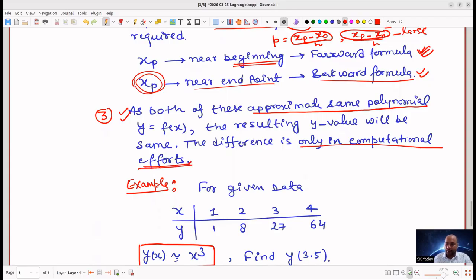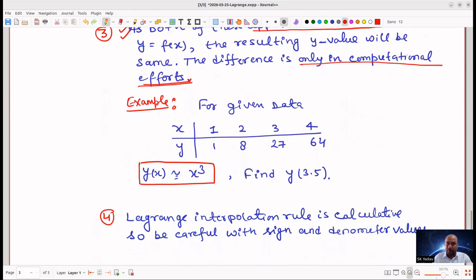For example, I have solved this particular example in the previous video. If you have not seen it, you can go and watch it. Here I applied it for computing y at 3.5. You can see this 3.5 is lying here.